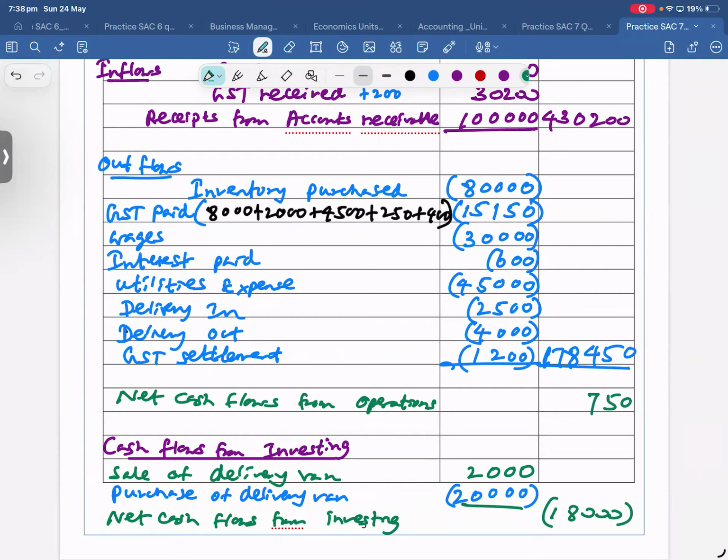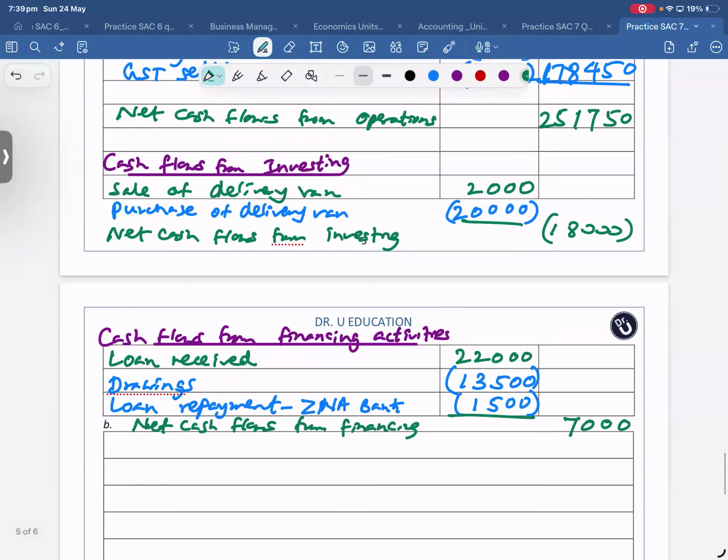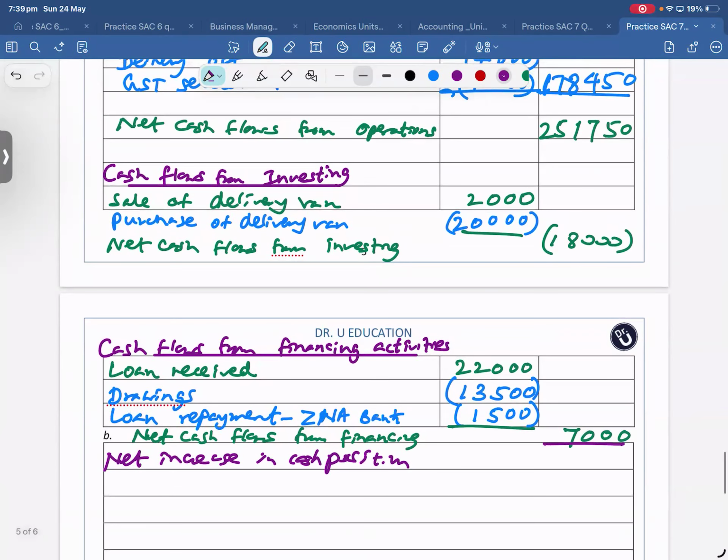251,750. Yeah, that's positive. Then we have to get the net increase in cash position, which is, oh yeah, net cash from financing, 7,000. 226,750.